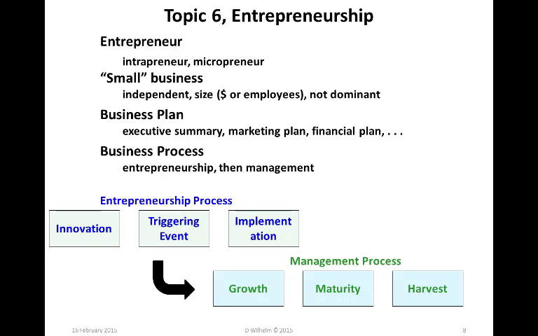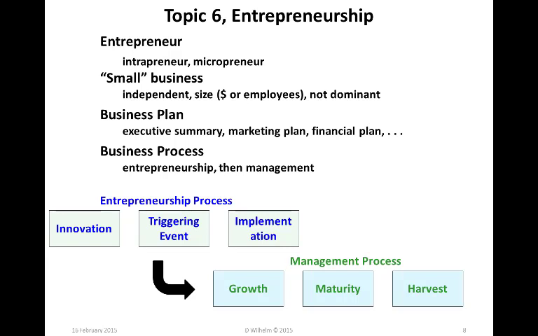Every business should have a business plan at some point in time. If it's a big bang business, which requires a lot of initial investment, it should have that business plan initially. If it's an organic business that grows slowly from a hobby or an interest, maybe the business plan can be put off until later.